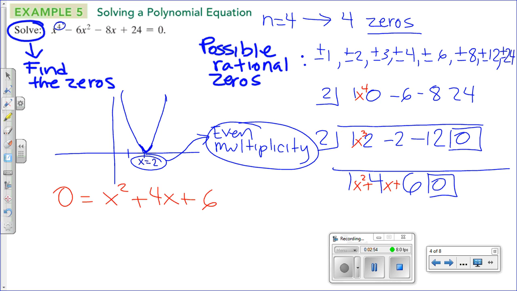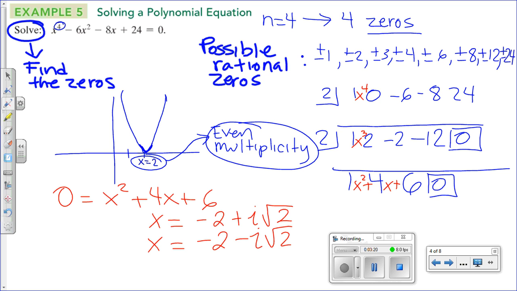Correct? Yes? So after doing that, we found that the remaining 2 zeros were negative 2 plus i square root of 2, and the other one was negative 2 minus i square root of 2.